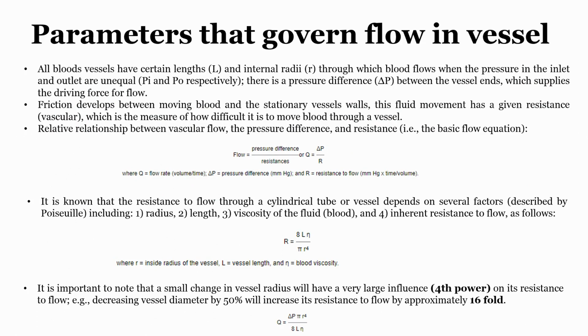So, as we proceed, what are the parameters that govern the fluid flow through the channel? Like I mentioned previously, the channel would have a certain length and radii. From this we talk about the patency, that is the cross section area that is available for the fluid to flow through the channel, the tubular structure.